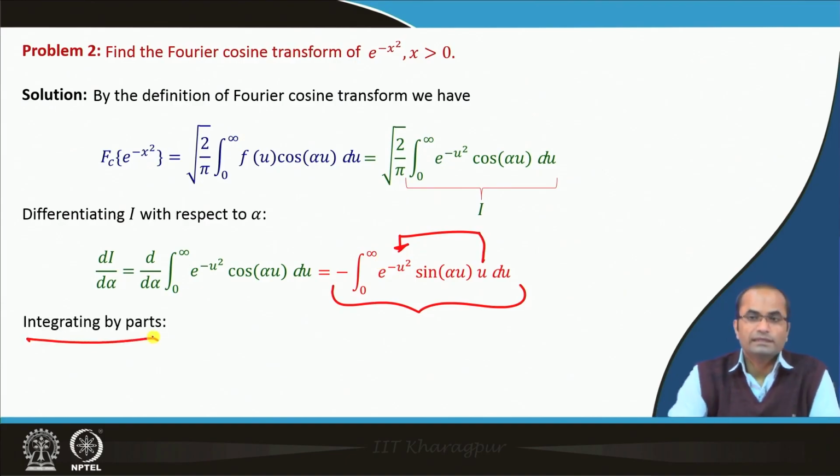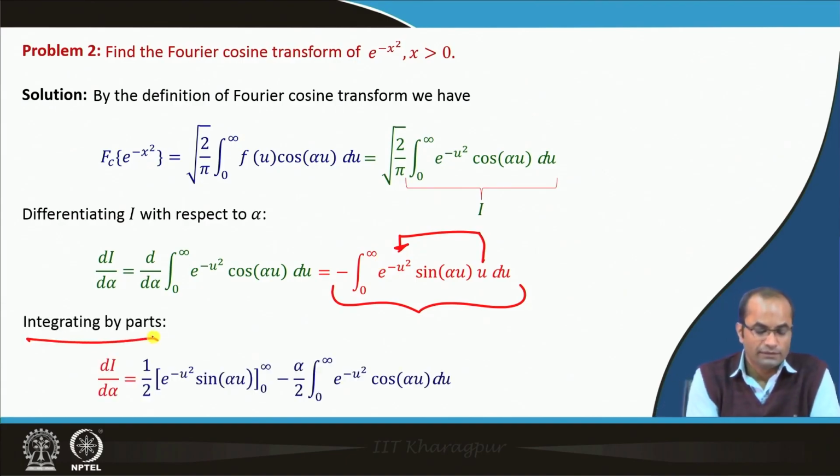and then integrating by parts, what we have dI over d alpha is equal to minus half there because of this e power minus u square into u when we integrate. So, basically we need 2u there and then 1 by 2 we can have outside.